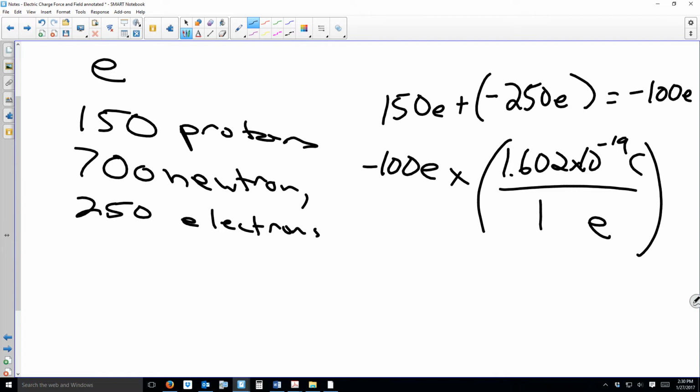And this should come out to be 1.6 times 10 to the negative 17th negative coulombs, if you do the math there. Yes, it's over 1 e, because then those e's cancel out, and this was an equality that we had. One electron has that much charge on it. It is just like stoichiometry if you're a chemistry person.